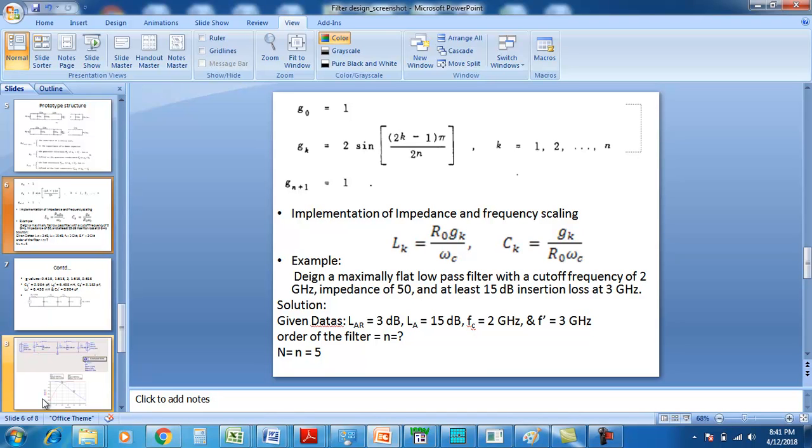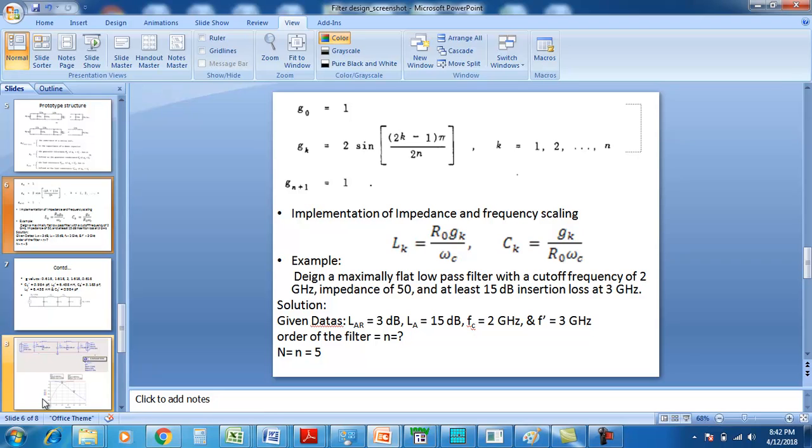Similarly, we have the Ck equation. Ck equal to Gk divided by R0 omega C. Now, implementing these equations, we are getting the capacitor and inductor values for a particular frequency and the given or required impedance value.